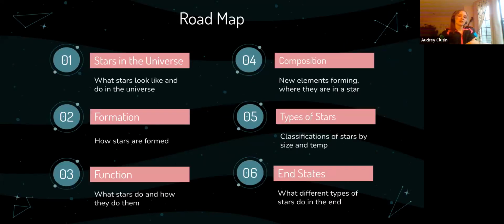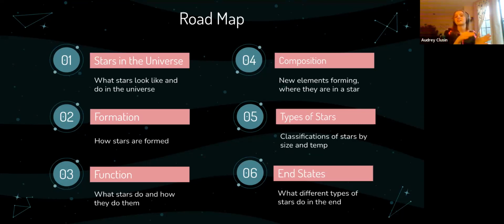All right, so today we're going to cover the stars in the universe, specifically what stars look like, what they do in the universe, how we see them and evaluate them. Also, how stars form, which is a really cool and really important part of astronomy. Also, how specifically they function, and their composition, like what elements they're forming.